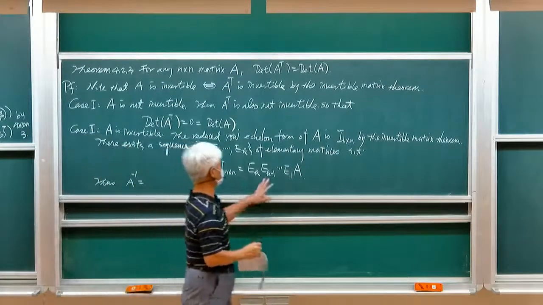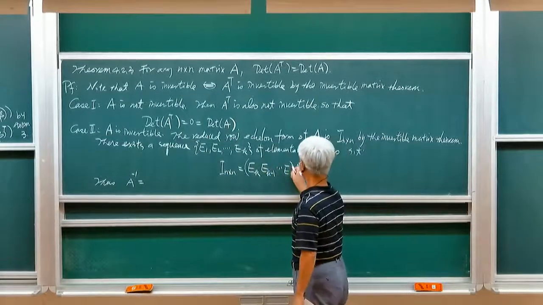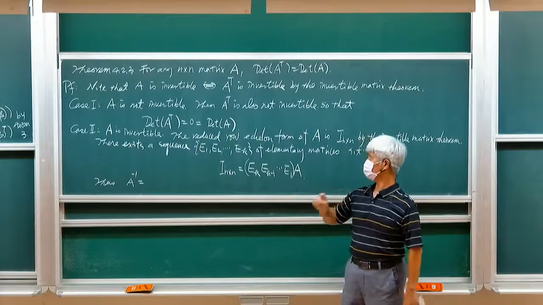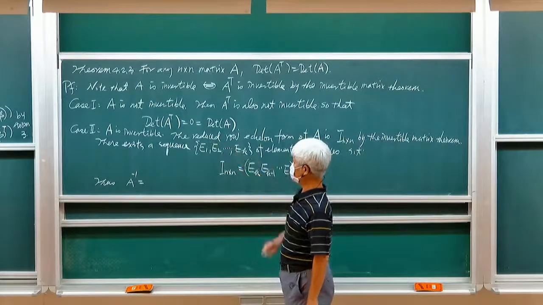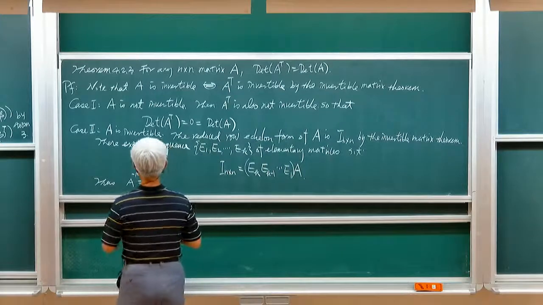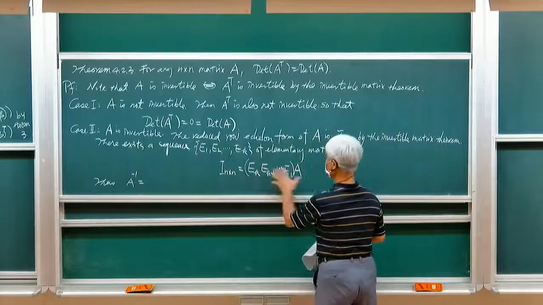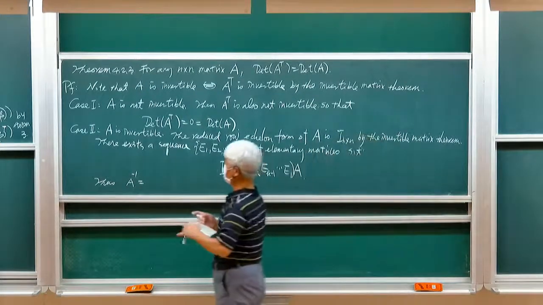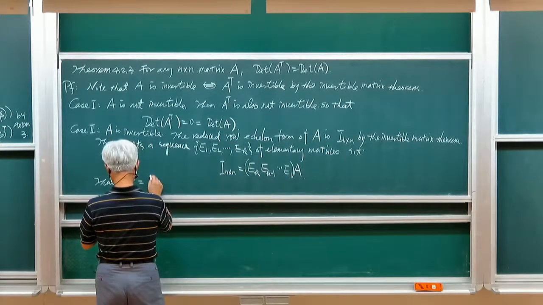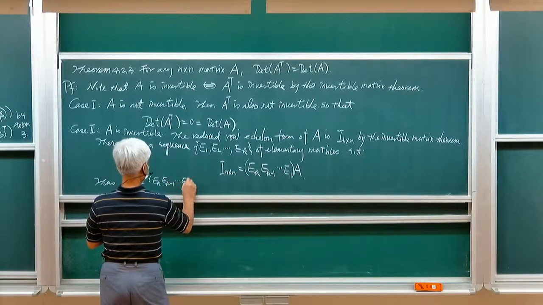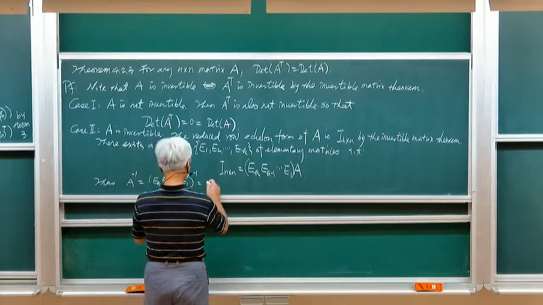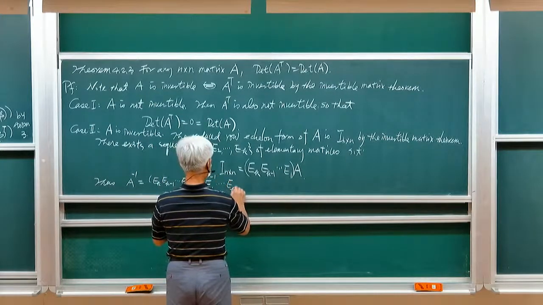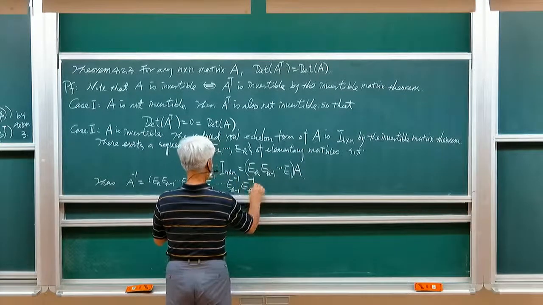You can see that A is invertible, so this product becomes the left inverse of A. So this left inverse must be the inverse of A. And we know this is E1 inverse.